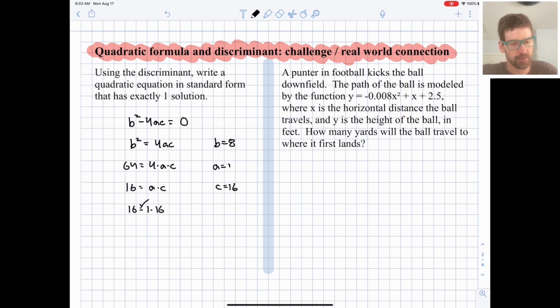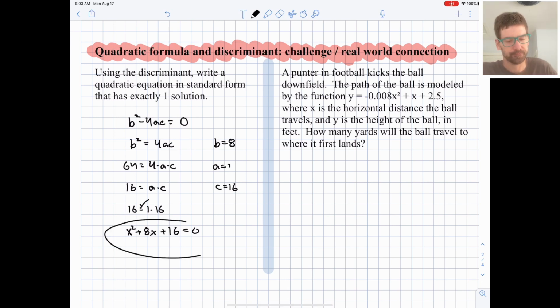So we just write out our equation: 1x squared plus 8x plus 16 equals 0. That equation would have only one solution. If you got a different answer, you can do the quadratic formula on it to see if you get one solution as a way of checking your work, but there are many possible correct answers here.